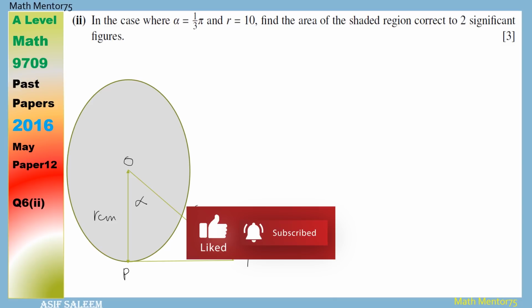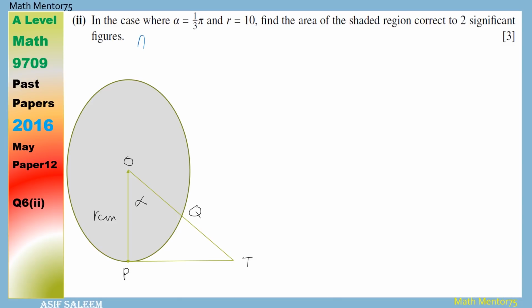Let's find this information one by one. First, let's find area of sector. The formula is half r square theta. Half r square means half of 10 square, times theta, which is pi over 3. 100 over 2 is 50, so it is 50 pi over 3. This is area of sector.